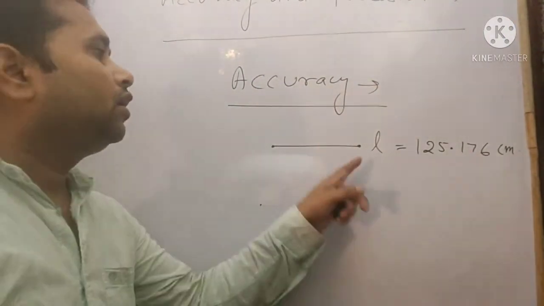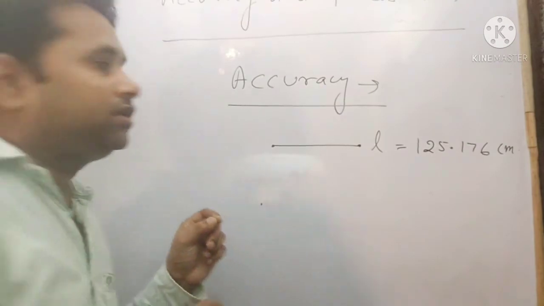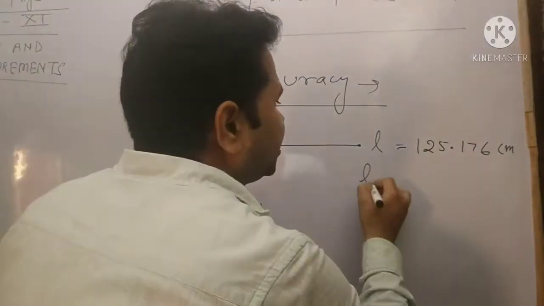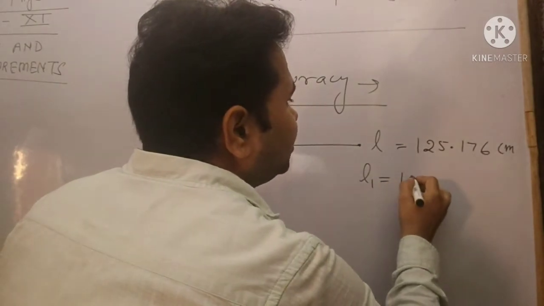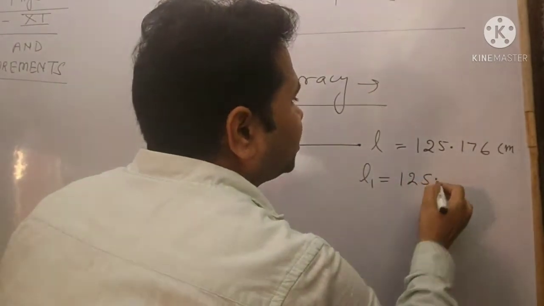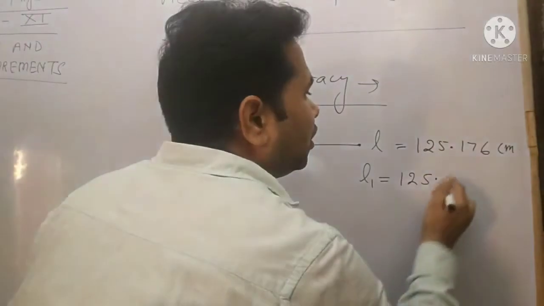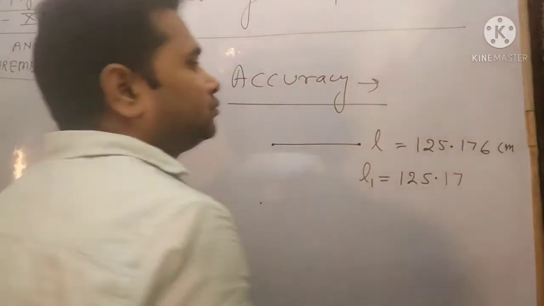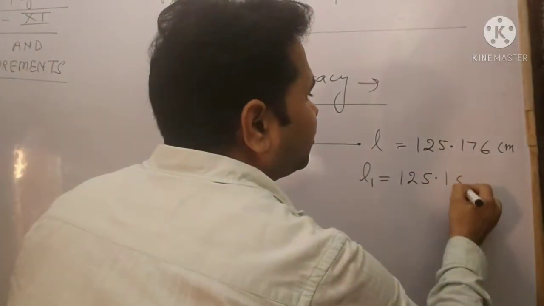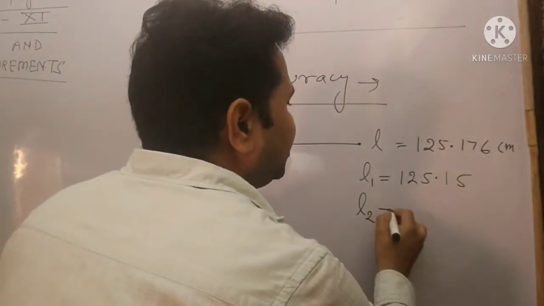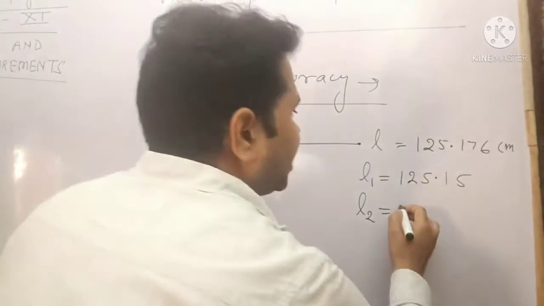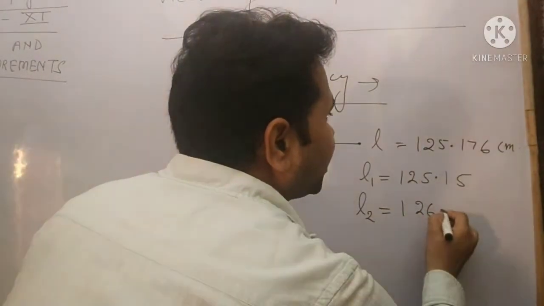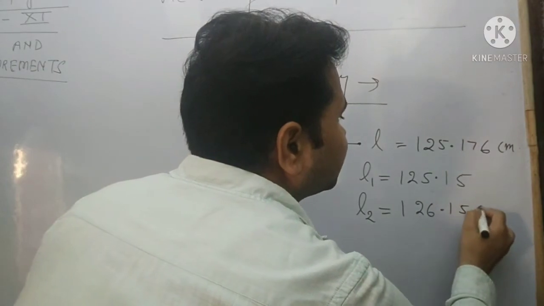Now suppose there is a measurement of the length of this rod, and it comes 125.15, and the second observation is 126.156.